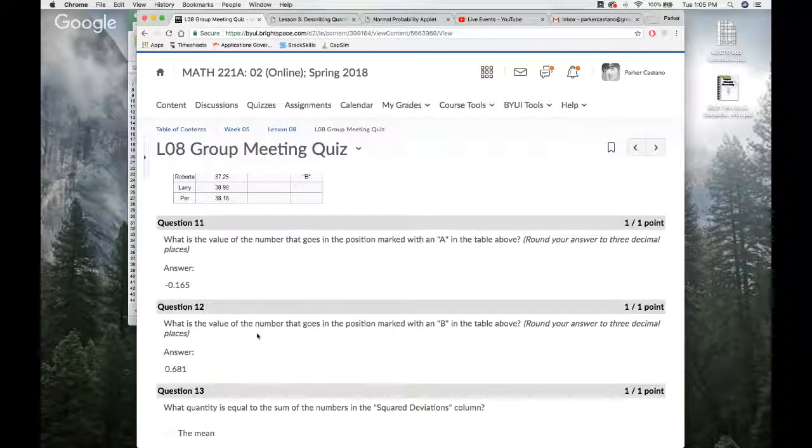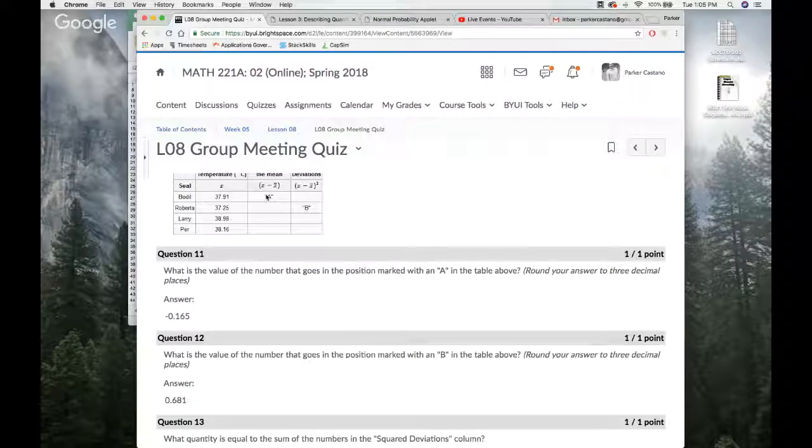But okay, what's the value of the number that goes in the position marked with a B in the table above? So it would be 37.25 minus the mean, and then you square it. What's the opposite of square root? You just square it. Yeah, whatever number's in this table, you just square it.